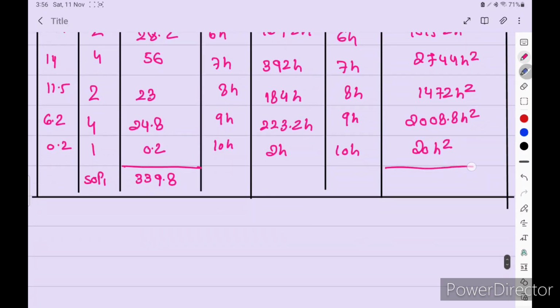So we get 9792.4H square, and here 1630H, SOP2.